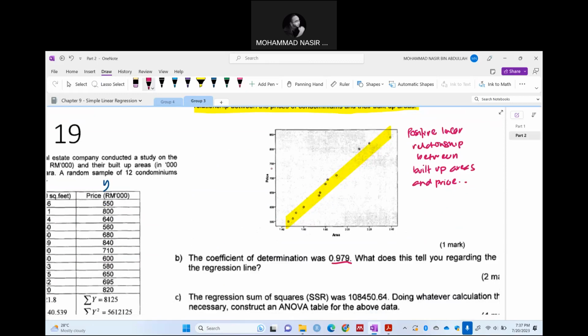So what does this tell you regarding the regression line? There are 97.9% of the total variation in condominium price that can be explained by built-up area.